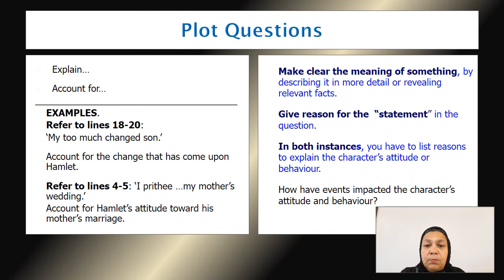We know that he puts on an antic disposition. He pretends to be mad because he wants to find out whether Claudius is guilty of murdering his father or not, and he hopes that by pretending to be mad, other characters will drop their guard and in his presence divulge very important information which is going to help him seek revenge for his father's murder.